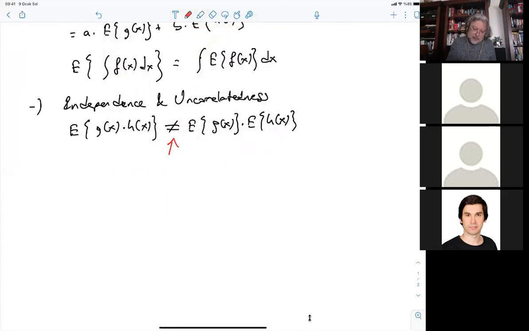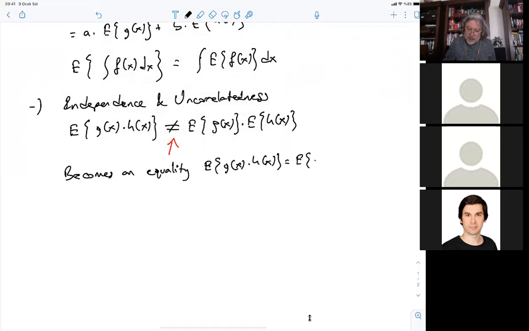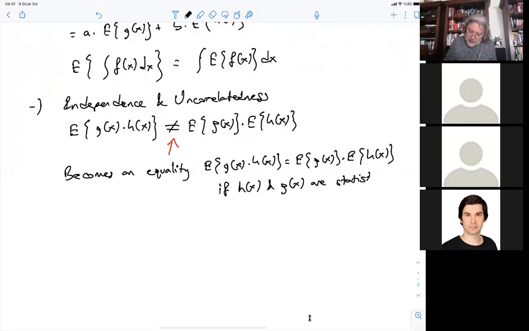These two are not equal. But this becomes an equality, expected value of g of x times h of x becomes expected value of g of x times expected value of h of x, if g of x and h of x are statistically independent.